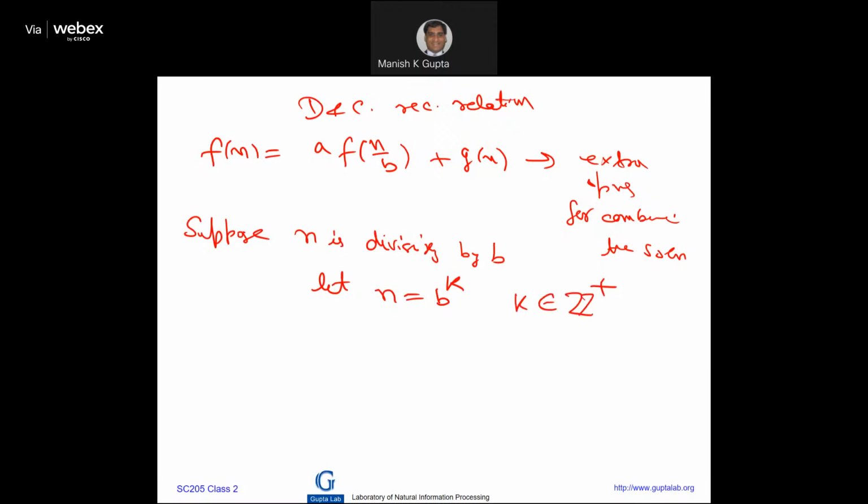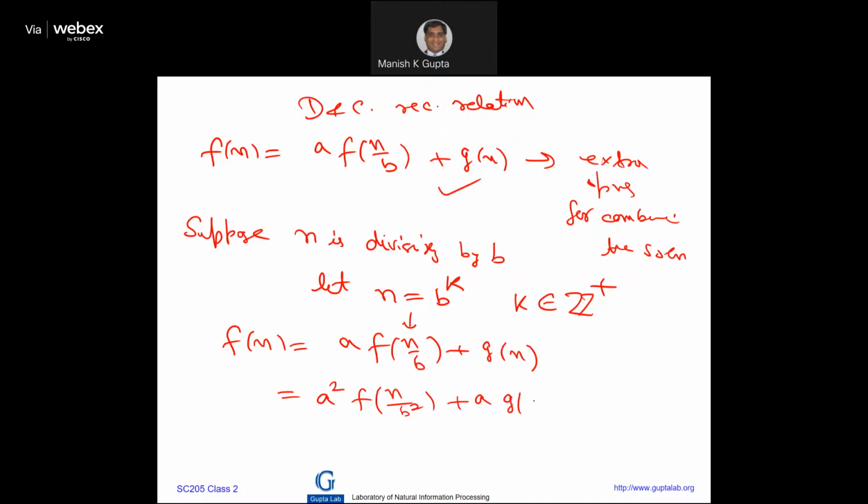Then f of n can be written as a times f of n by b plus g of n, right? And I can use the same recurrence again here for f of n by b. What you will get is something like a square f of n by b square plus a times g of n by b plus g of n.